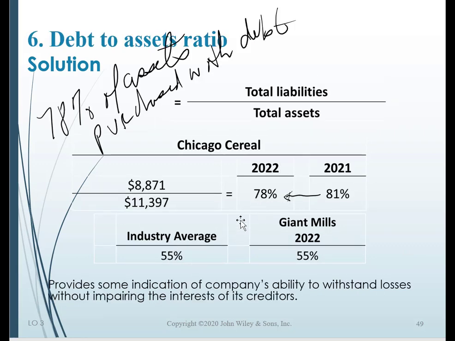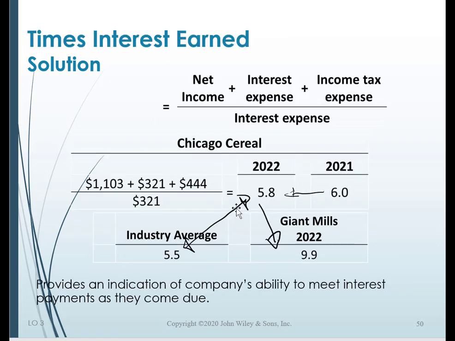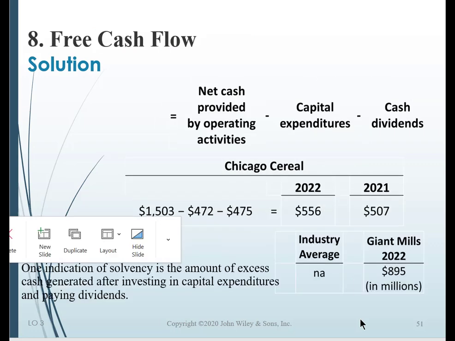We have a lot more debt, but yet we have a better ability to make our interest payments as they come due. So I don't know what is causing that situation for this company, but managers will understand that, right? That this company is handling the amount of debt they have. They are handling it very well compared to the amount that they have.